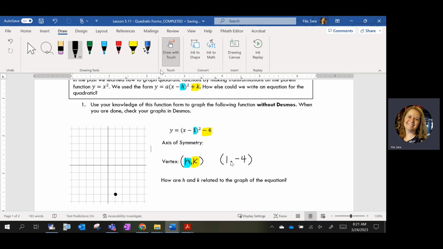It comes from the x value of your vertex, in this case 1. It's a vertical line that crosses the x-axis, so it's x equals 1. We typically draw that as a dashed line. It's not actually part of the graph, but we want to have it visualized, so that's why it's dashed. What else? All I have is a dashed line and a point so far.